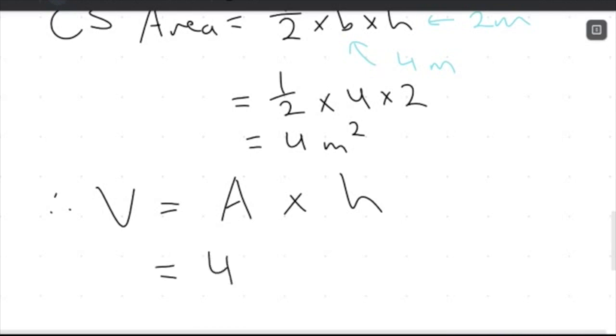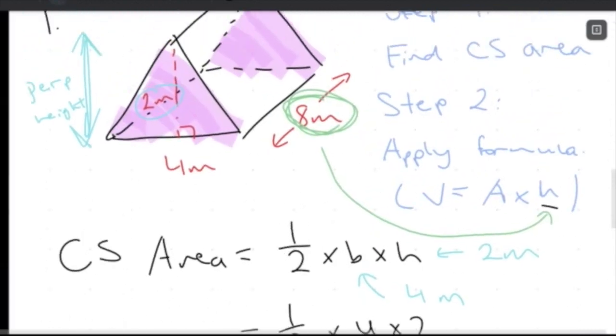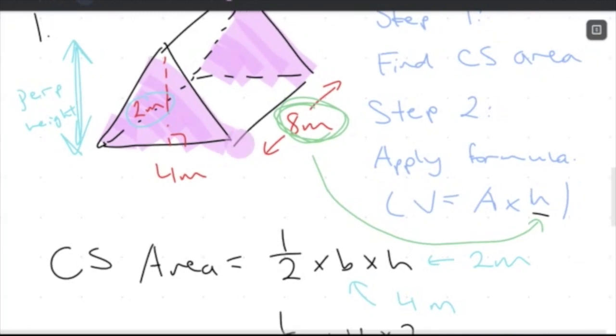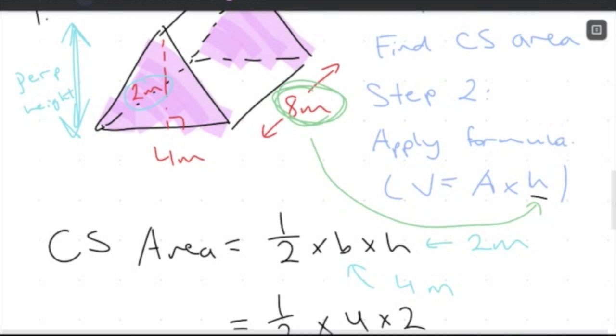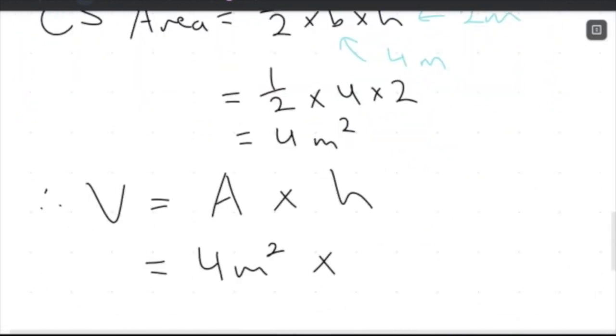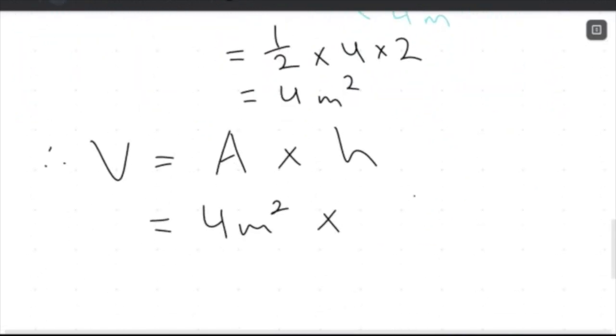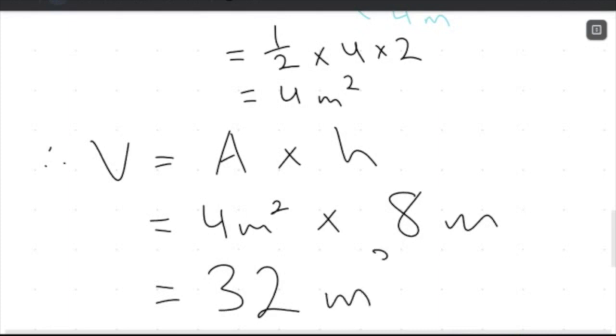I have 4 meters squared as my cross-sectional area, and I'm multiplying that by 8 meters, this length going away from my front face, the height if I tipped this face on the ground. So I multiply that by 8 meters, and because I'm finding the volume, I'm going to get 32 meters cubed here. Okay, that's how we'd find volume.